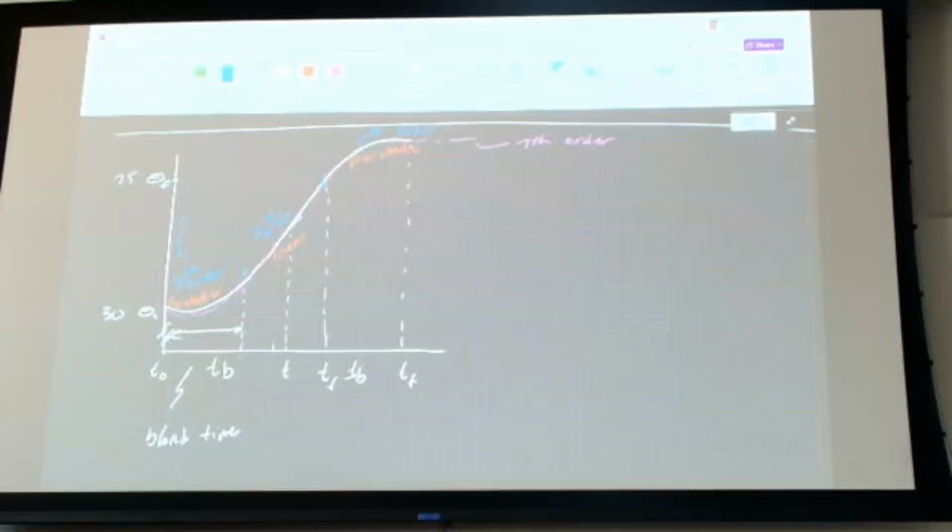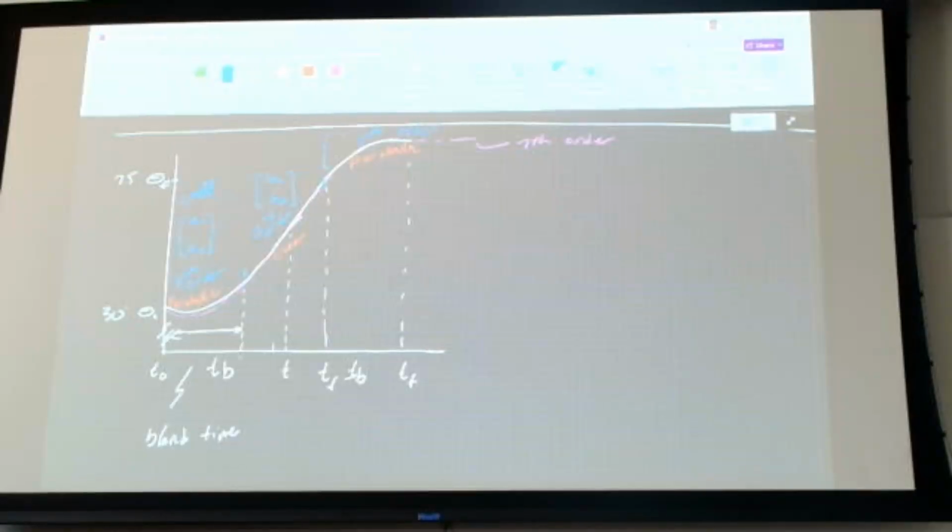If I go to a fifth order, then this is going to have a region where I have a set of coefficients, say from A0 down to A5. Then I'm going to have a coefficient set from, say, B0 to B2.